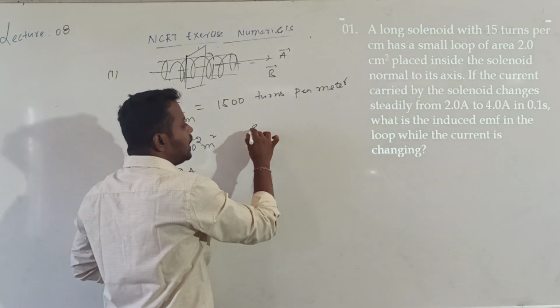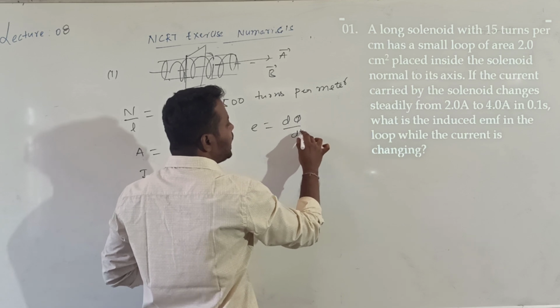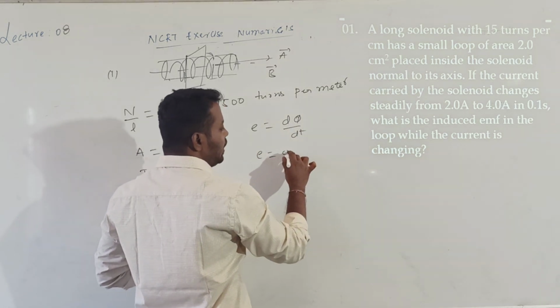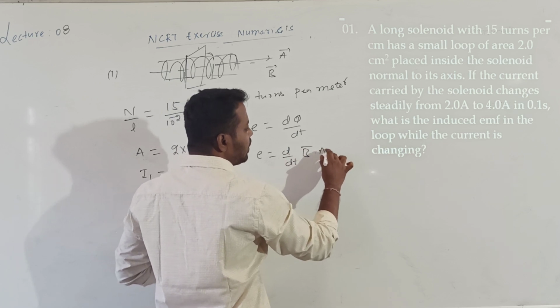According to Faraday's law, E is d phi by dt, which is d by dt of B bar dot A bar.